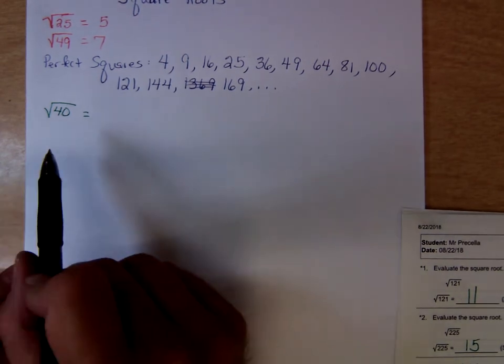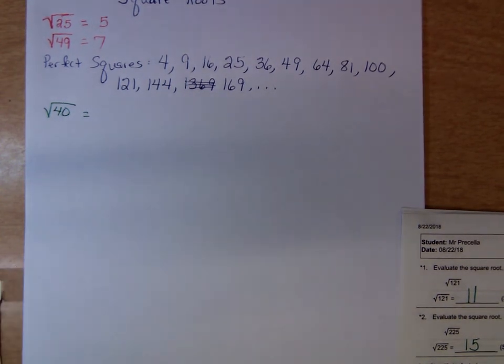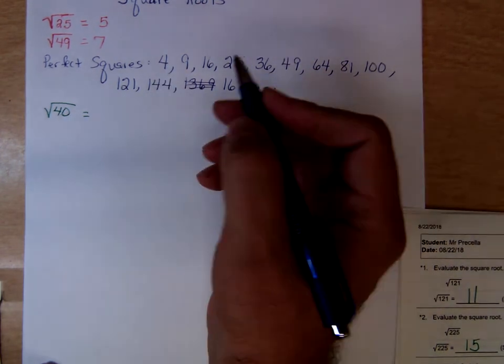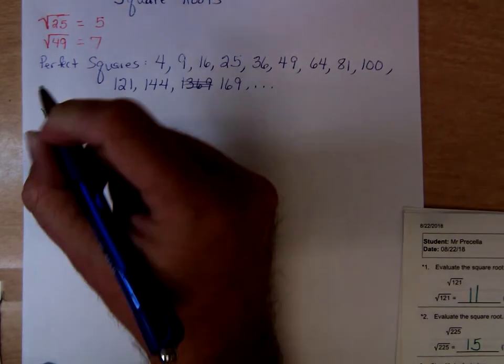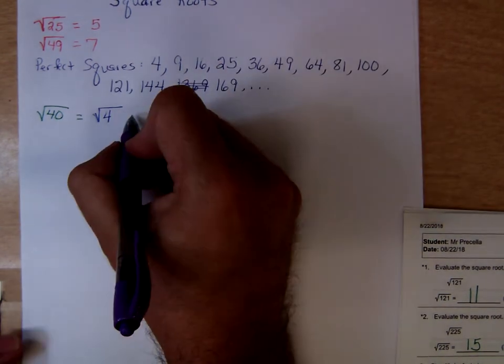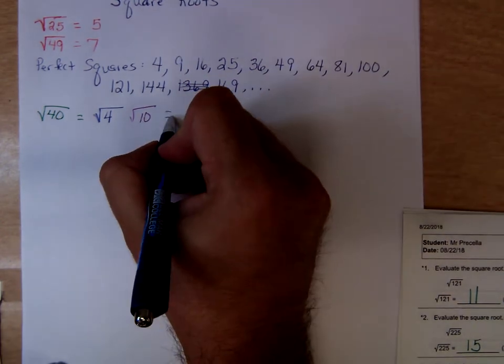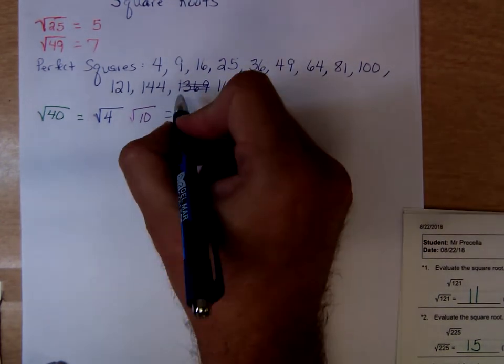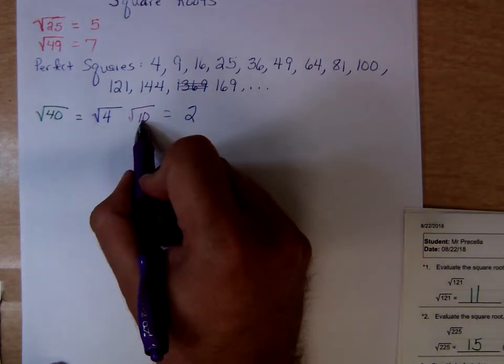Well, what perfect squares divide evenly into 40? Sometimes students say 2 times 20, but no, 2 and 20 aren't perfect squares. But 4 divides evenly into 40, doesn't it? We could think of that as the square root of 4 times the square root of 10, which we could then reduce by saying, okay, the square root of 4 is 2, and we can't simplify the square root of 10.